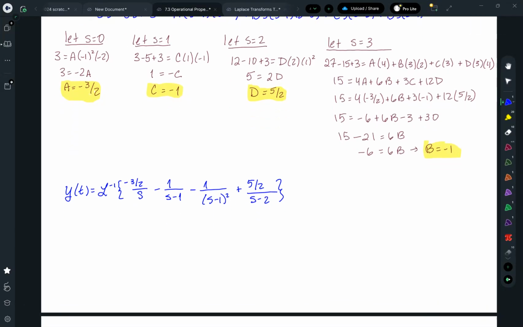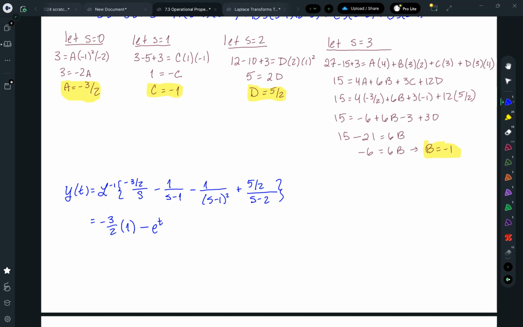The rest of them, they seem fine. I can go straight to the table and figure them out. So what I get here is the first one, minus 3/2 over s. That gives me a minus 3/2. The Laplace inverse of 1 over s is just going to be 1. The Laplace inverse of 1 over s minus 1, this gives me a minus e to the t.